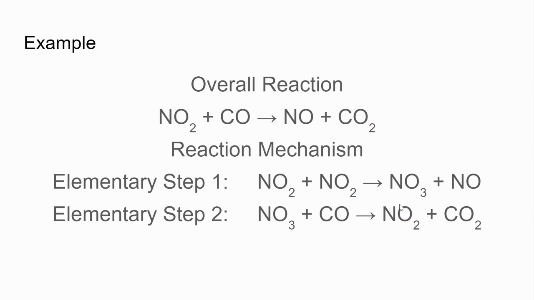And we have nitrogen dioxide here on the product side in elementary step number 2. Now this will only partially cancel out because there's only one here and there's two there. So only one of those will cancel, and there will be an NO2 that is left on the reactant side, as we see in our overall equation. But because it appears on the reactant side first and then again on the product side later, we would classify the nitrogen dioxide as a catalyst.